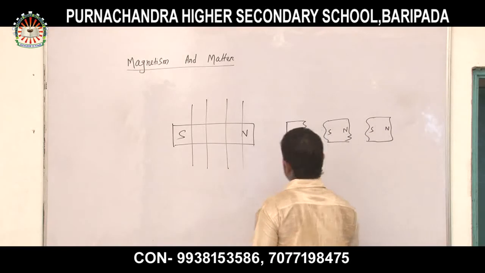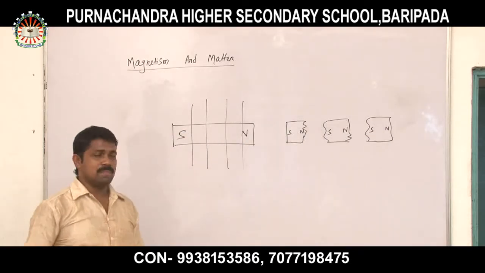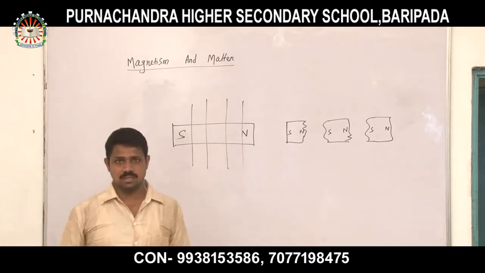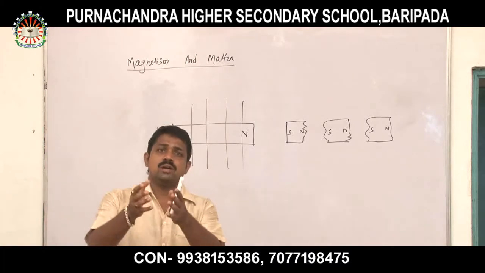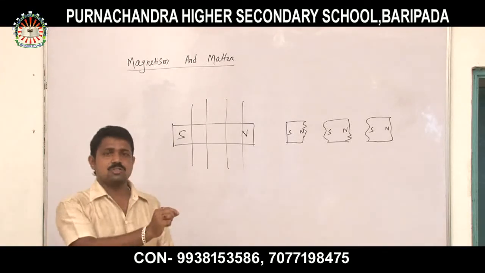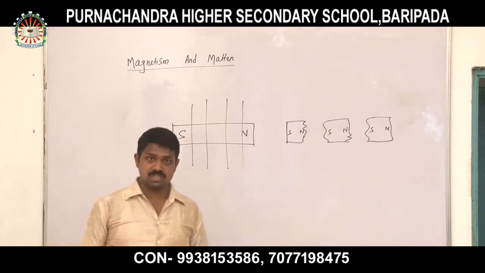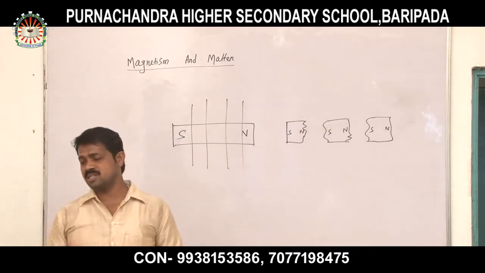So from this we can easily conclude that a magnetic monopole does not exist. As we have known from electrostatics, in the case of electric charge, a single charge can exist, whether it is a positive charge or a negative charge.